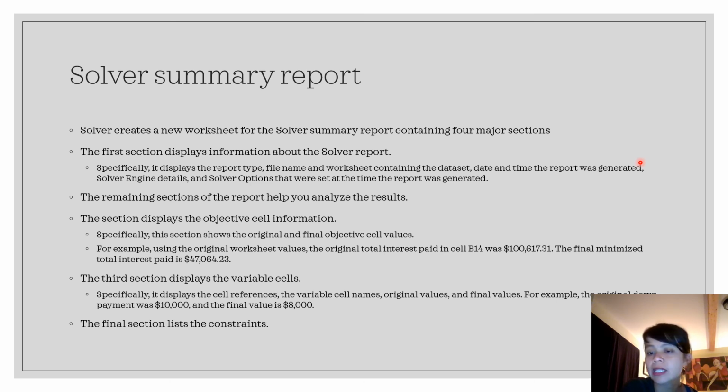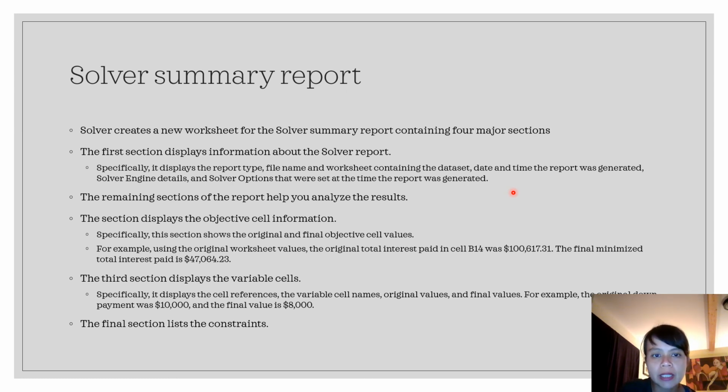Specifically, it displays the report type, the file name, the worksheet containing the data set, the date and time the report was generated, Solver engine details, and Solver options that were set at the time. So it's basically the metadata of the Solver report, information about it.